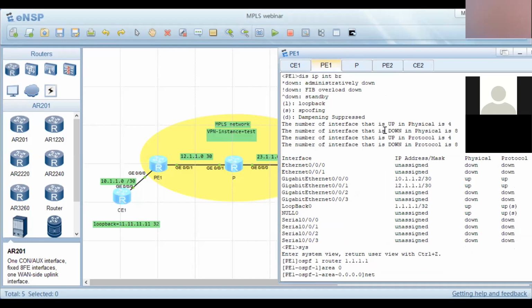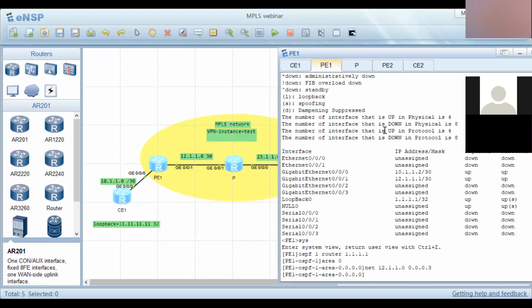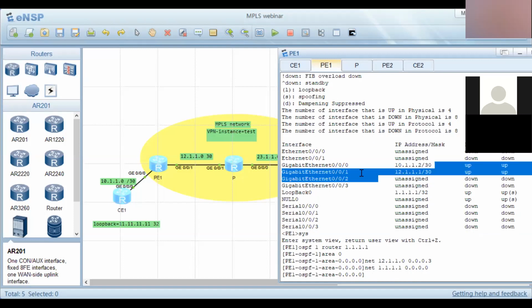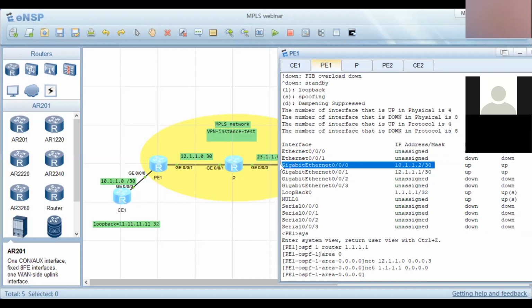This means we will advertise this network, and we will also advertise the loopback address like this. We will not advertise this network to the ISP or MPLS, so we will leave it because it's connecting to the customer edge.